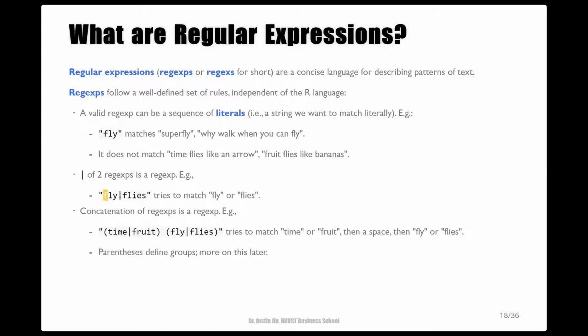Connecting these two literal sequences tries to match fly or flies. And the concatenation of regular expressions is also a regular expression and allows us to match longer patterns. And parentheses here define groups, determining the scope of these two logicals.